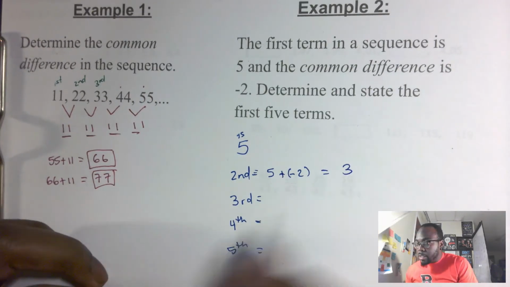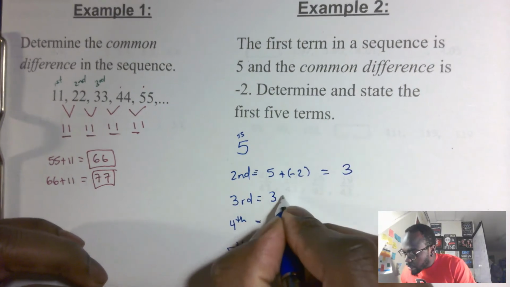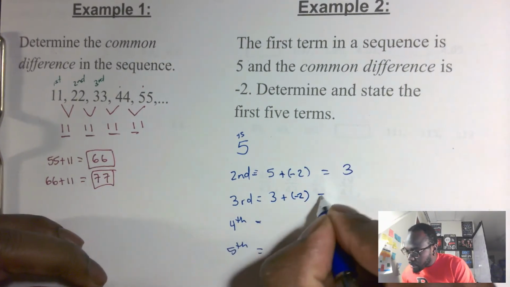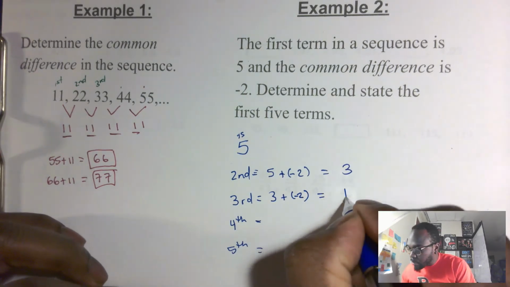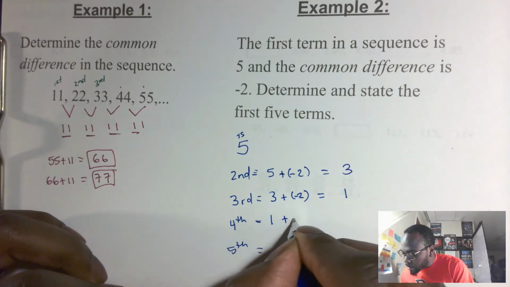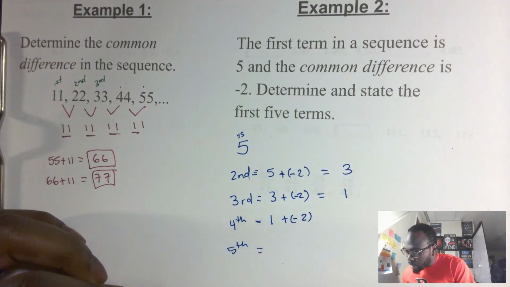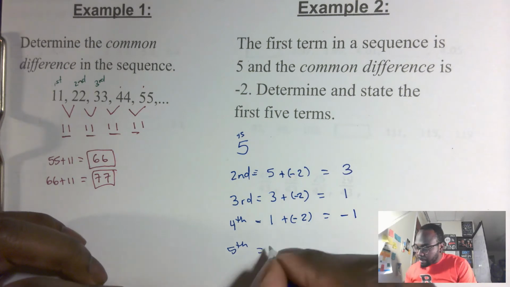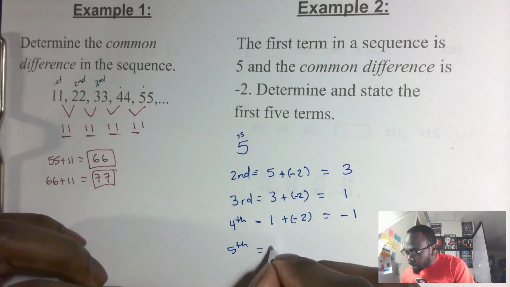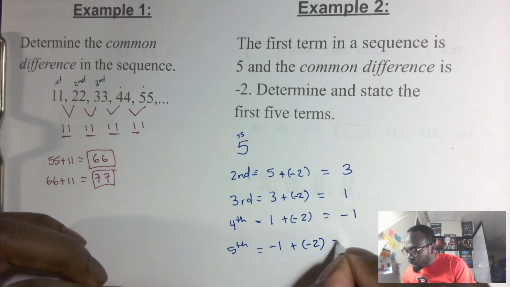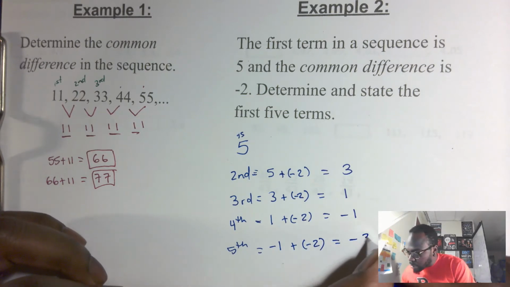If I want my third term, it's going to be 3 plus -2, and this is going to give me 1. My fourth term is going to be 1 plus -2, which is going to give me -1. And my fifth term is going to be -1 plus -2, which gives me -3.